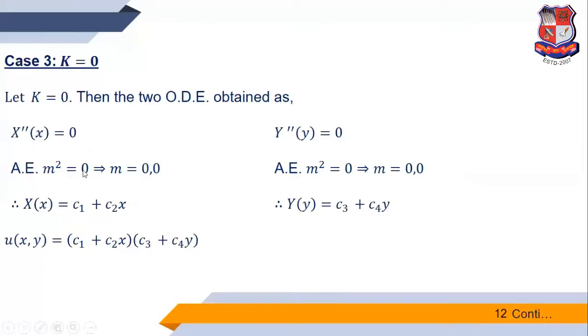So we write m squared is 0 as the auxiliary equation, so m is equal to 0 two times. So the solution is c1 plus c2 x. Similarly, here m squared is 0, then the solution is c3 plus c4 y. Now we combine both, then we get the solution of the given PDE when k equal to 0: u of x,y is equal to (c1 plus c2 x)(c3 plus c4 y).